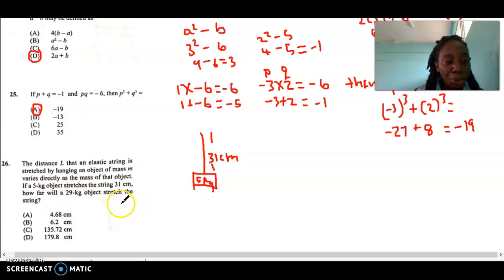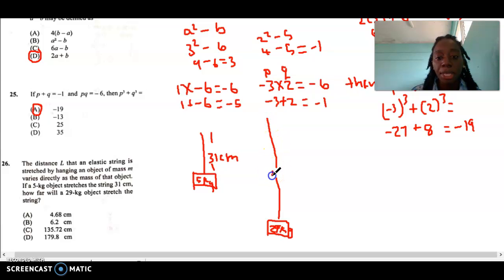So this is the distance right here. On the other hand, now, how far will a 29 kilogram object stretch the string? So if a 5 kilogram object stretches the string 31, I'm expecting that a mass of 29 kilograms will stretch it even farther. So for argument's sake, the 29 kg stretches a little bit farther.